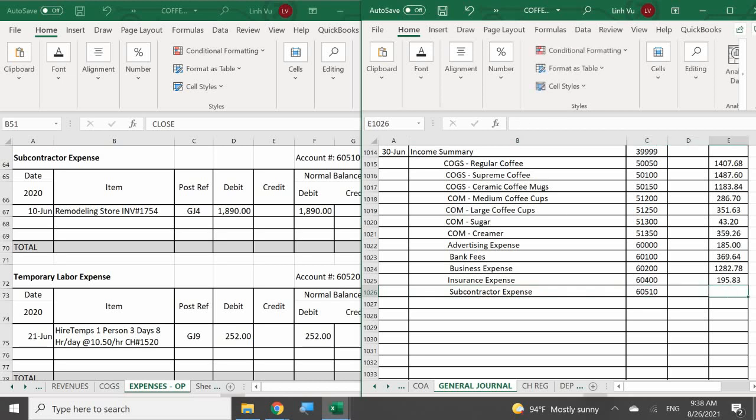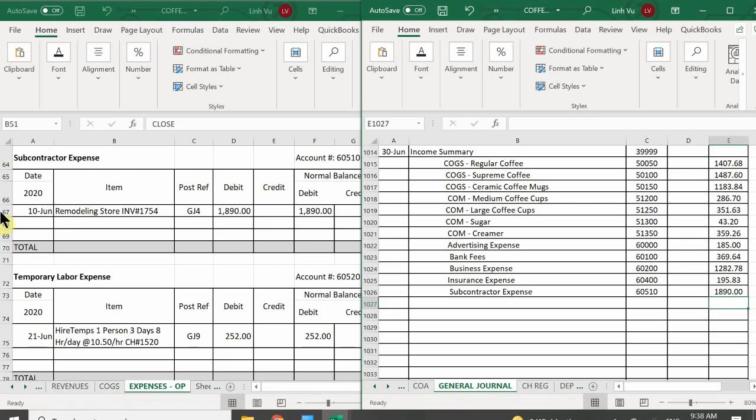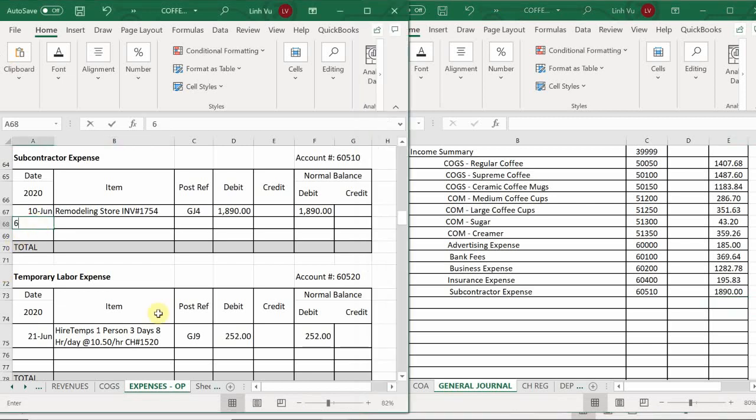And how much am I going to credit my subcontractor expense? $1,890. So here you go. June 30th, we're closing this account for General Journal 25 for the $1,890 credit. Which gives your account 0.